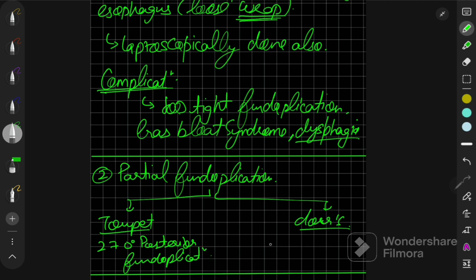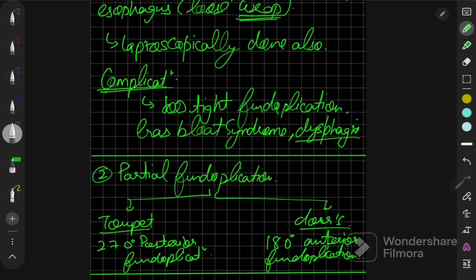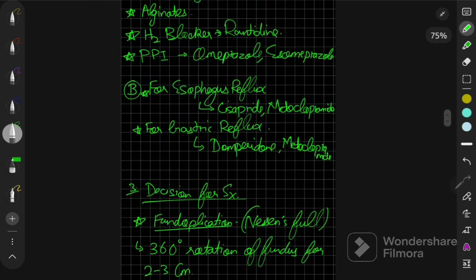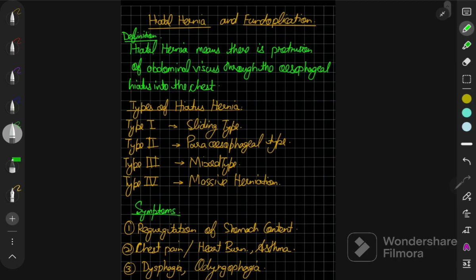Dor is the 180-degree anterior fundoplication. So we are all done with this topic.